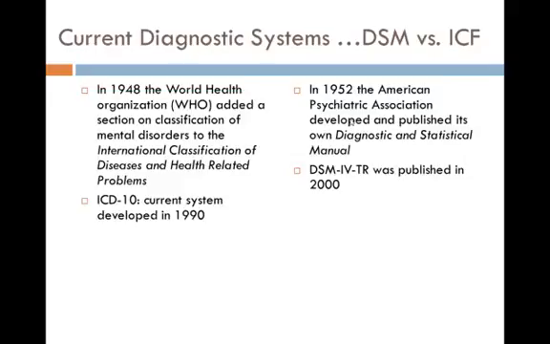In 1948, the World Health Organization added a section on classification of mental disorders to the International Classification of Diseases and Health-Related Problems. They came up with the ICD-10, which is the current system, developed in 1990.